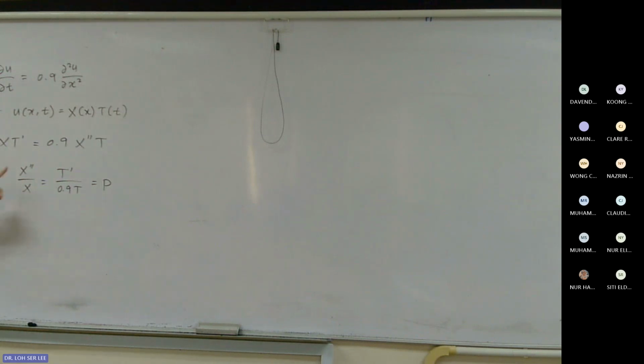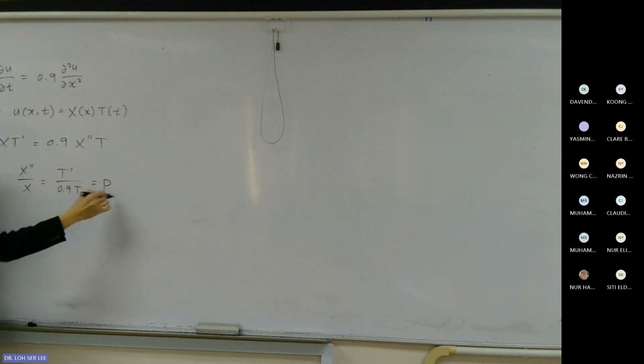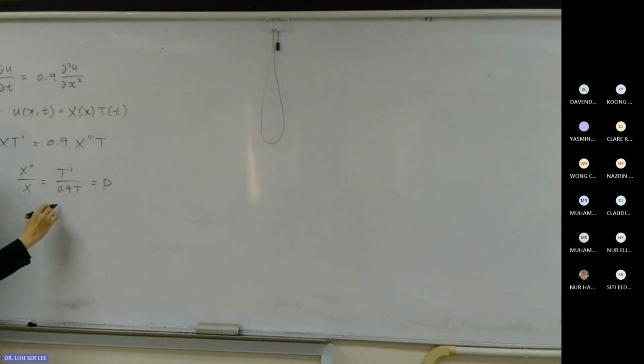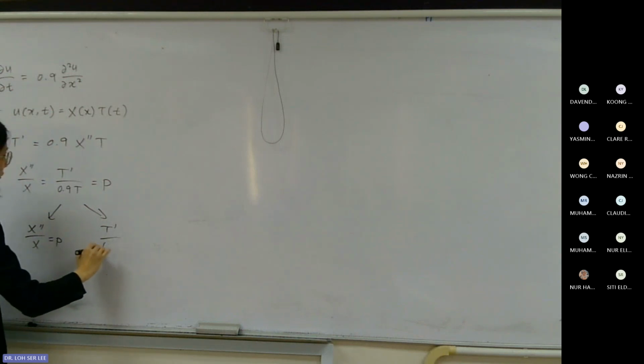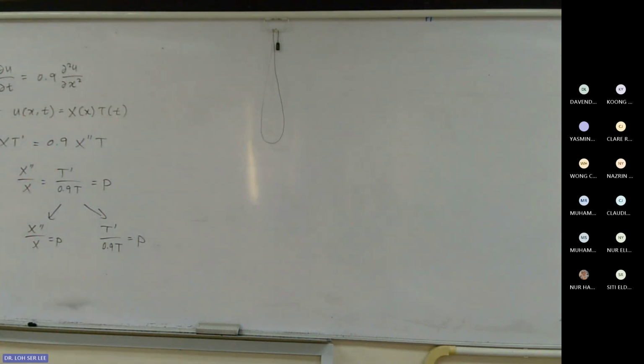When this equals p, this is actually X double prime over X equals p, and also T prime over 0.9 T equals p. So from here, we will get 2 ODEs. X double prime goes to the right, and then we move this to the left.